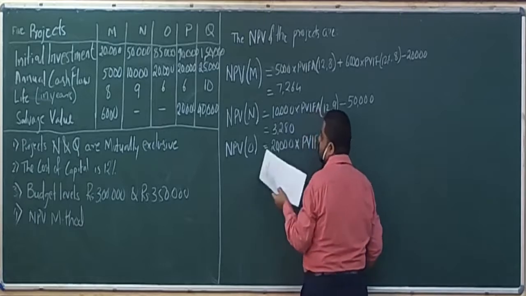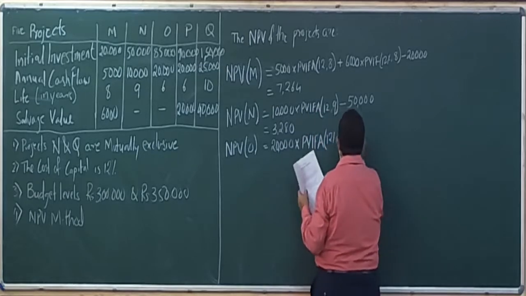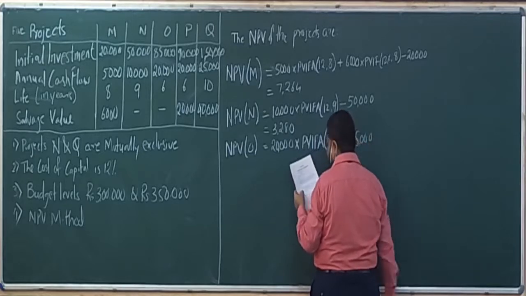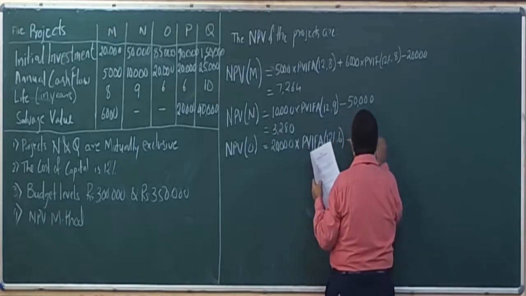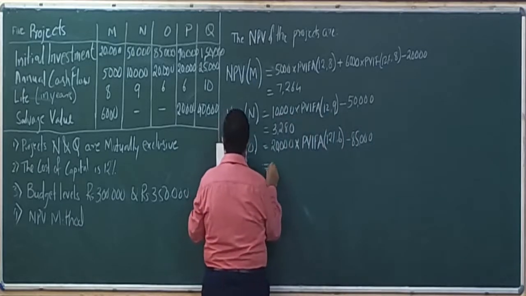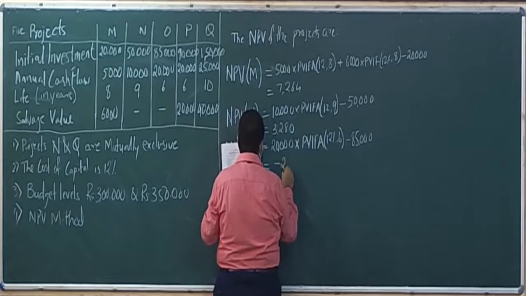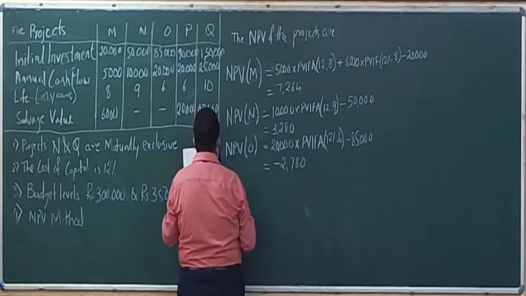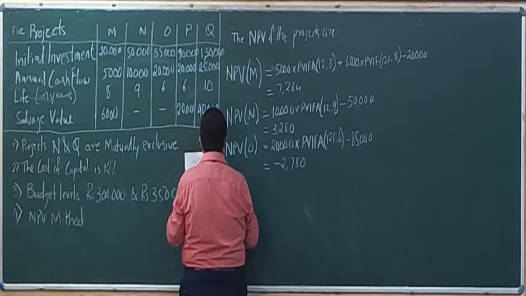This also does not have any salvage value, so we deduct the initial investment straight away, minus 85,000, and you will get an answer of minus 2,780.